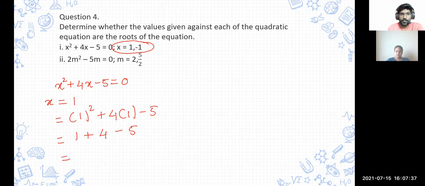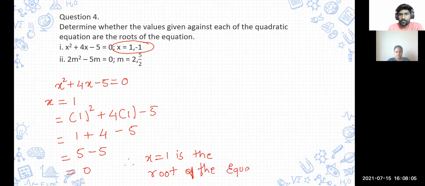Simplify this. 1 plus 4 is 5, and this minus 5 we'll write as it is. And 5 minus 5 is 0. Now since you're getting 0, we'll say x is equal to 1 is the root of the given quadratic equation. Did you understand this?